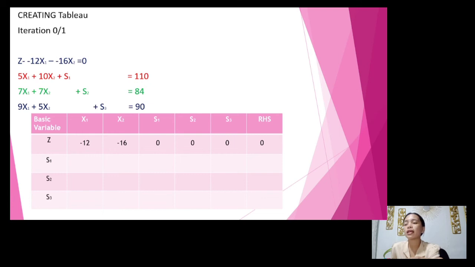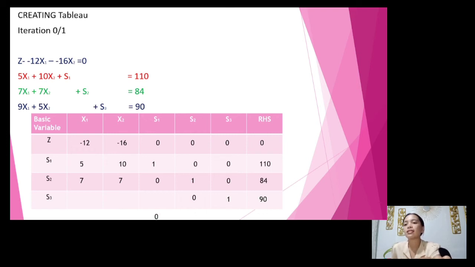For our s sub 1, which is 5, since it is 5x sub 1. Next is 10, then 1, 0, 0, and RHS is 110. For our s sub 2, 7, 7, 0, 1, 0, and 84.